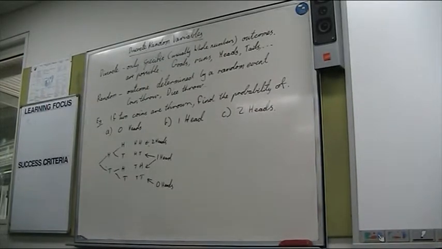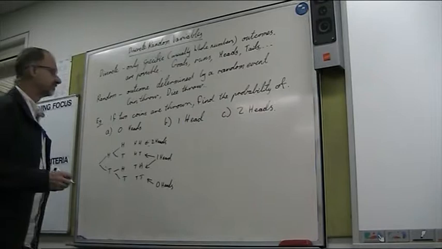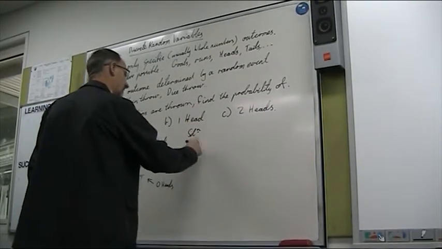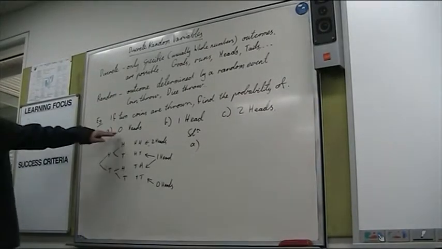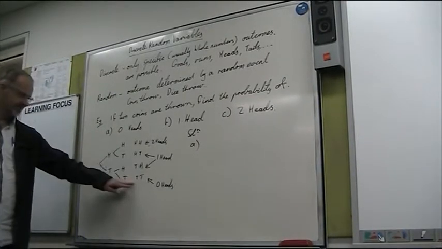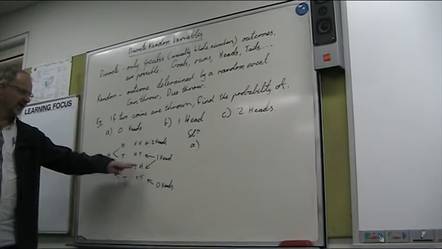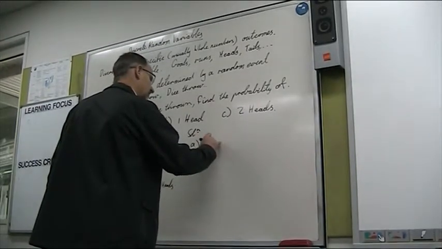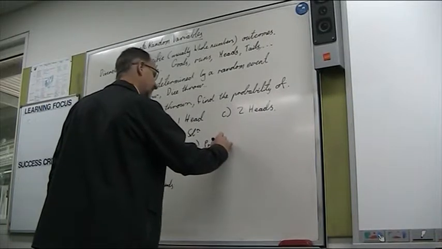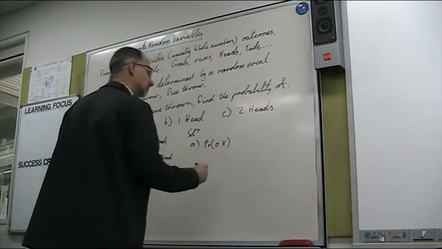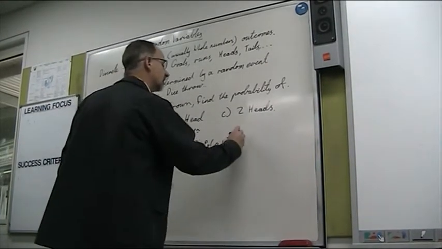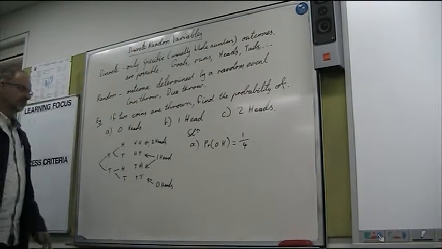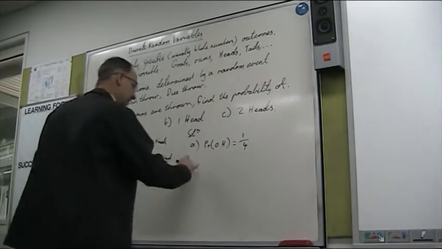Alright, so when we're looking at probabilities, for no heads, this is the outcome here, and there's 1 out of the 4. So when I write probability of 0 heads, there's 1 out of our 4.